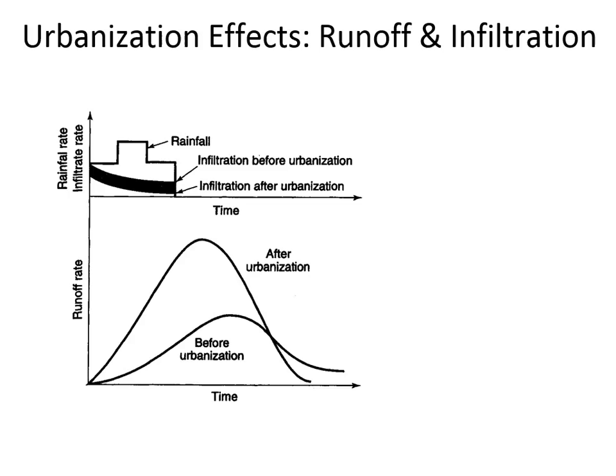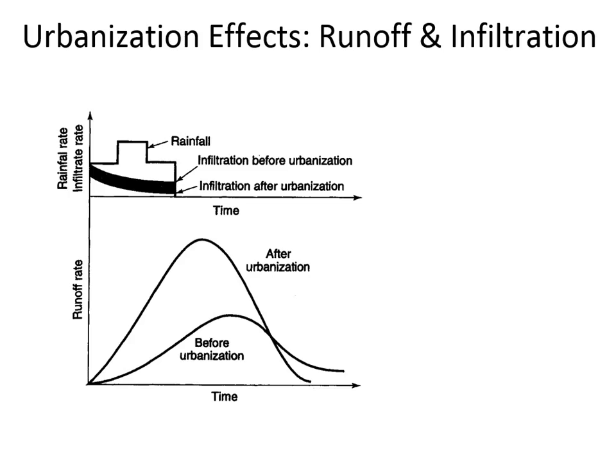So what we want to do in stormwater management is try and reverse this trend. All of our best management practices want to increase the time to peak, because when we put in a subdivision and a grocery store and a parking lot and a football stadium, all of those things are naturally tending towards the after-urbanization hydrograph.